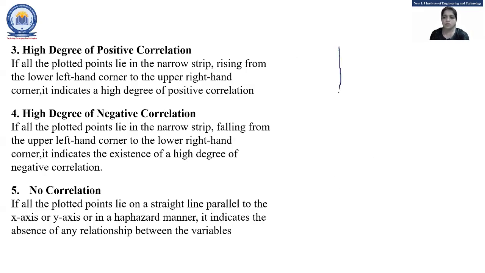And if we want to represent it through a graph, it will be like this. In this graph, again, this is the x-axis, this one is the y-axis, right? And this is the high degree positive correlation, because here it is rising from the lower left hand corner to the upper right hand corner.